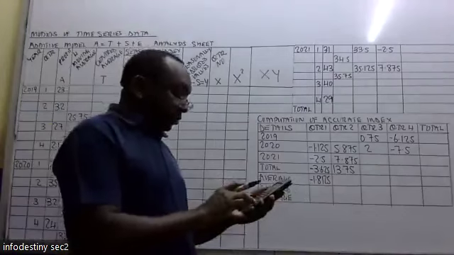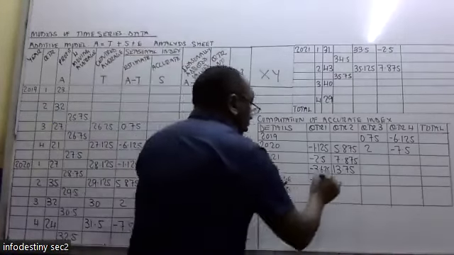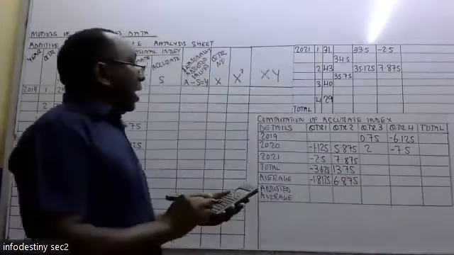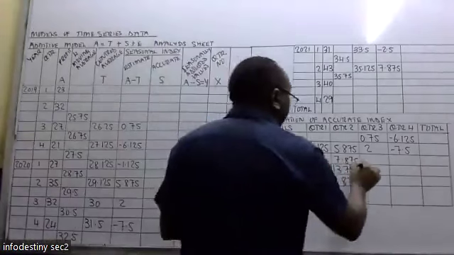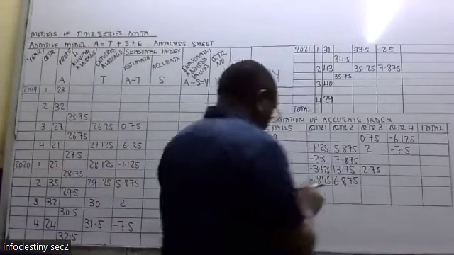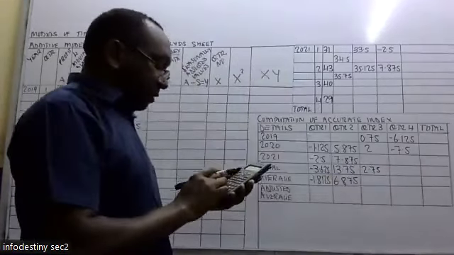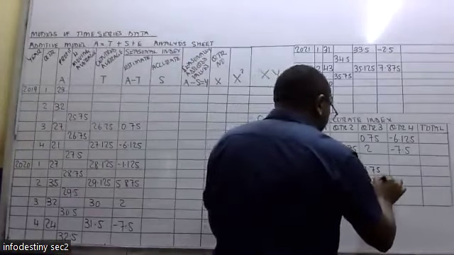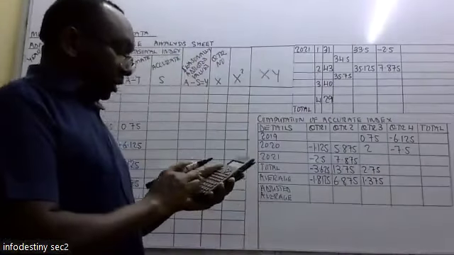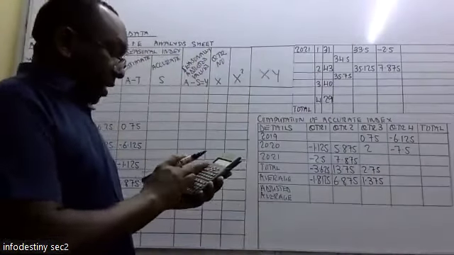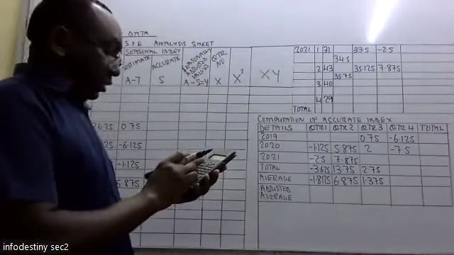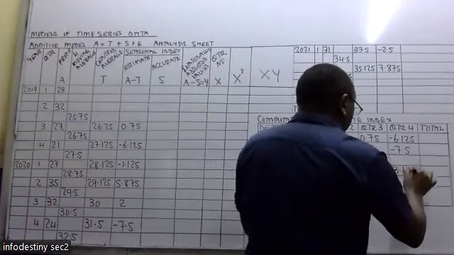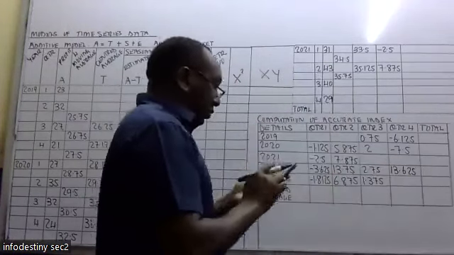So divide this by 2 because there are 2. That is 6.875. The other one will be 2.75. So 2.75 divided by 2 is 1.375. 6.125 plus 7.5 totals 13.625, so divide by 2.